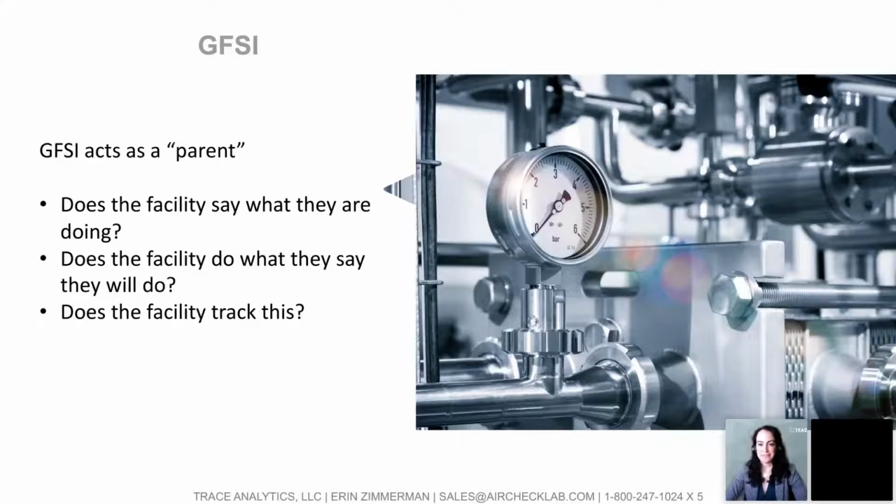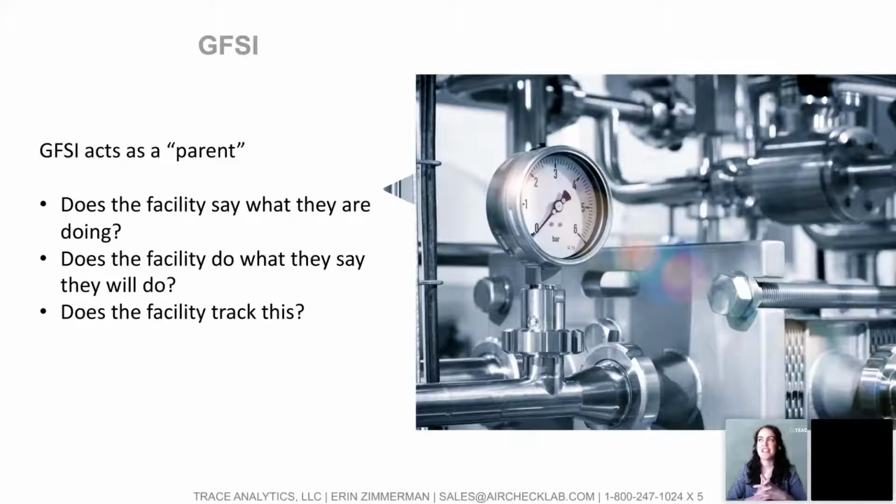Okay, so believe me, I know that this is a lot to wrap our minds around. But I wanted to share this with you because the best way it's been described to me is that you can think of GFSI as like the parent who makes sure that all of the children, or their schemes, are following the rules for food safety.